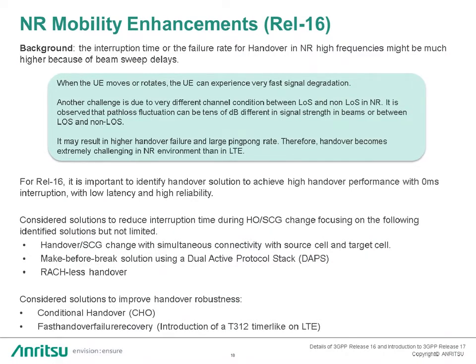Another feature that has been considered is make before break using dual active protocol stack. And the third feature for reducing the interruption time is RACH-less handover. So these three features are to reduce the interruption time. And then there are features introduced to improve the handover robustness, which are conditional handover and fast handover failure recovery.